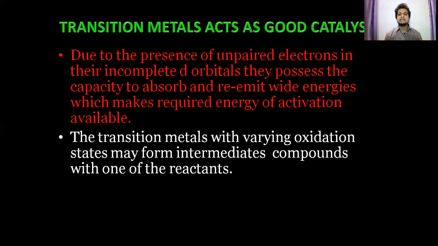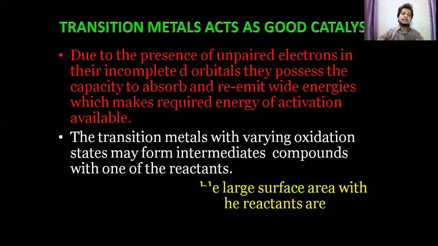The second reason is, because of the variable oxidation state that we just discussed, it can easily form intermediates. That is what the intermediate theory is. As a result, the reactant can easily react with the catalyst, forming an intermediate of lower activation energy, and that can be converted into product very easily.